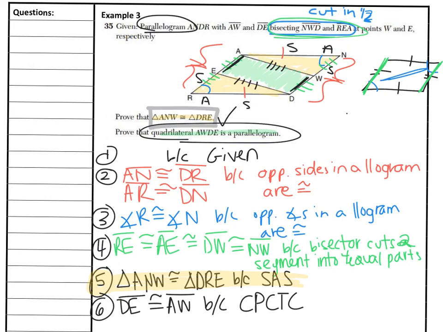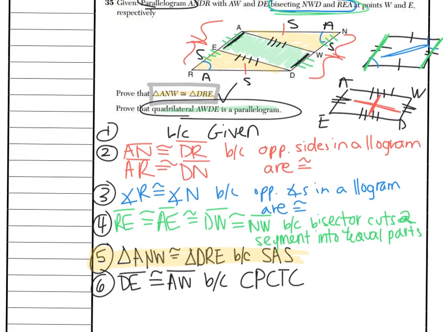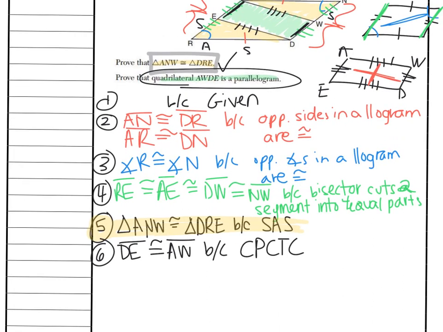And so now what we're looking at is this parallelogram AWDE that has 4 hash marks here, 3 hash marks here, and now we know that it must be a parallelogram because opposite sides are congruent, both pairs. So step 7 will be our last and final proof.